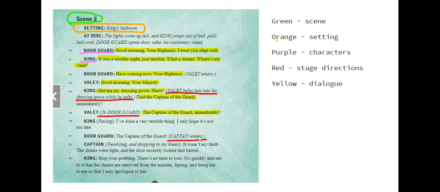So you have to be careful if you're reading your dialogue and all of a sudden you see a parenthesis, you don't read that part because that's stage directions. It's just telling you as the character what you need to be doing as you finish speaking your dialogue. Okay, push pause and make these notes in your book.